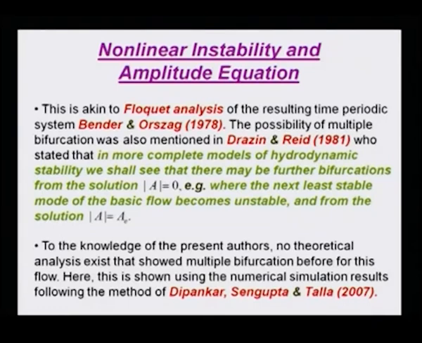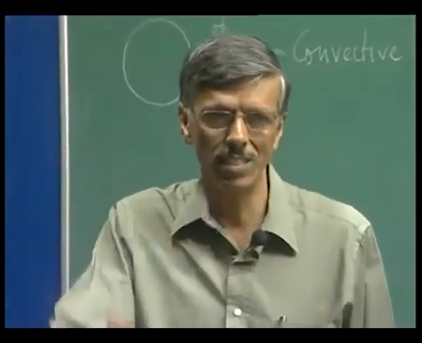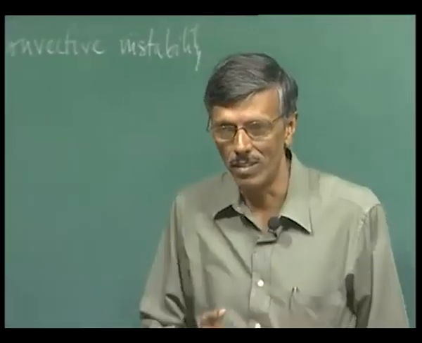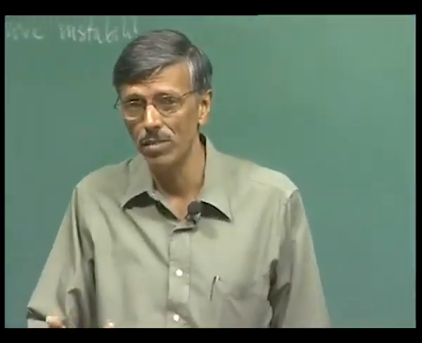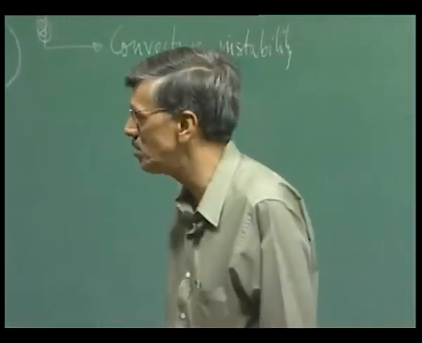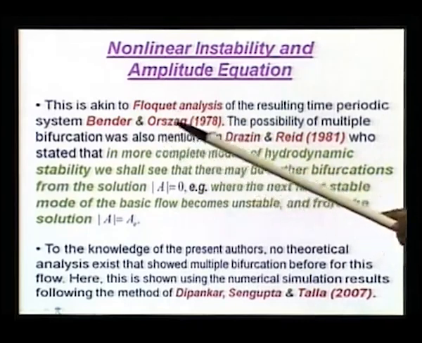Now, let me also add to what happens, that okay, we have a Karman vortex shedding, fine. Now, suppose we decide to increase the Reynolds number further, then what are we going to study? Then that particular flow itself could be susceptible to background disturbances and suffer instability. That instability analysis is done by what was proposed by Floquet.